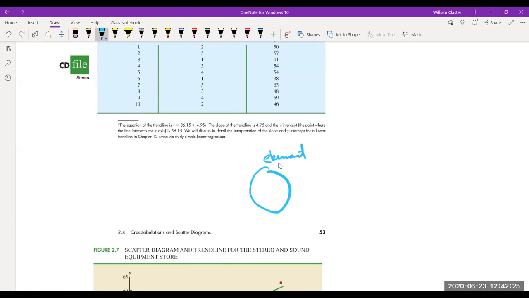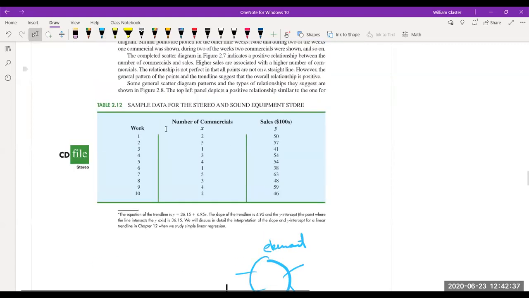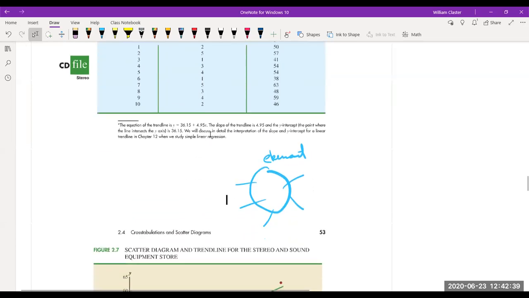And an element has many different attributes, right? Or an observation or an individual has many different attributes. So here, the elements are the weeks. So it's a week.